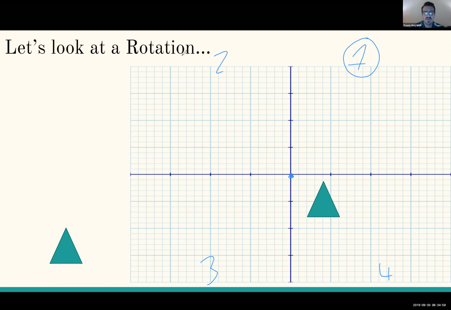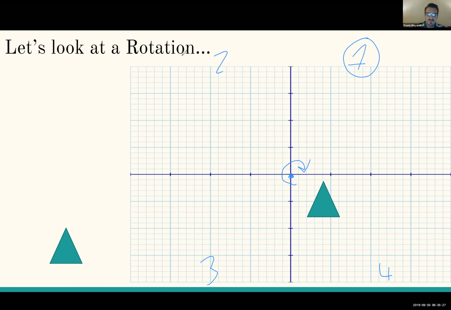So we have degrees such as 90, 180, 270, and they're going to help us understand where we need to go. So if I said rotate 90 degrees clockwise, that means it's going to go like this, like a clock. It's going to fall in quadrant 3.